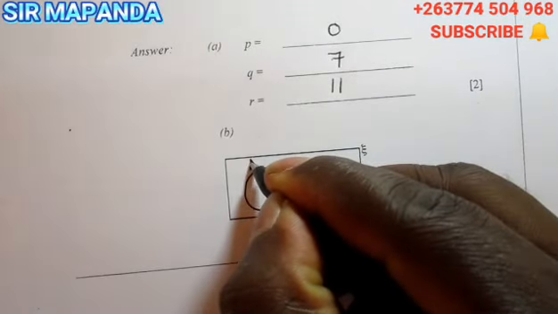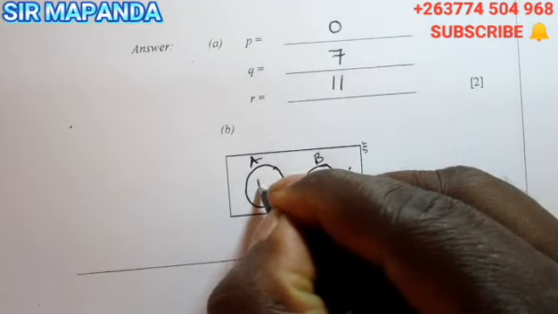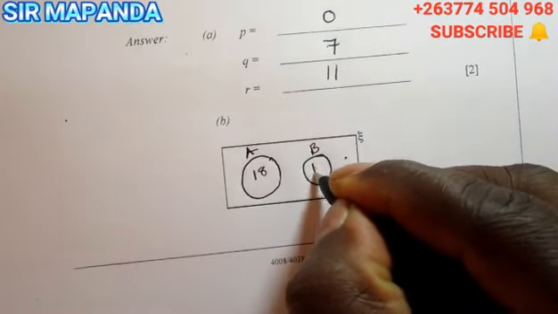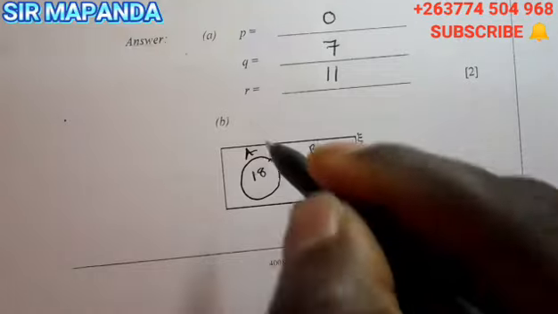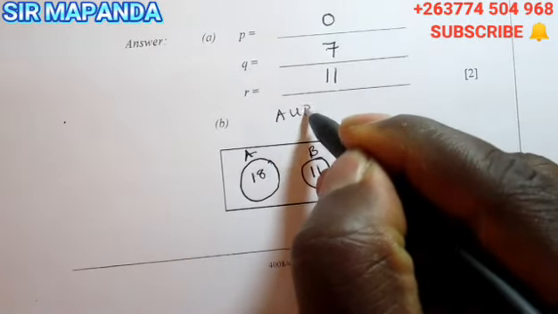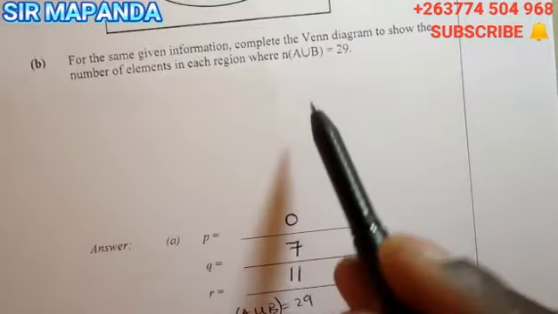So this is set A and this is set B. In set A, you have 18. In set B, you have 11. So if 11 is added onto 18, you get 29, where n(A union B) is equal to 29 according to the given instruction here.